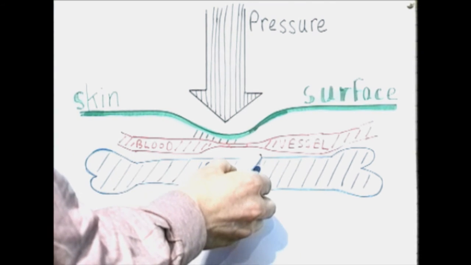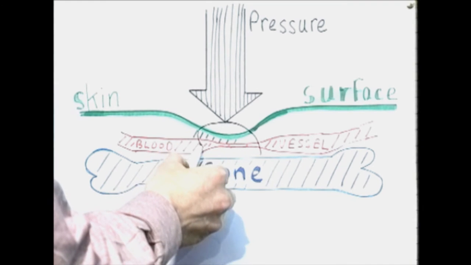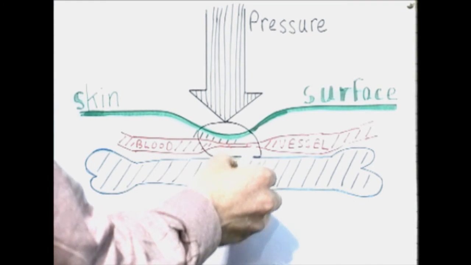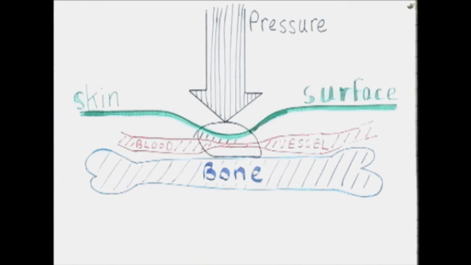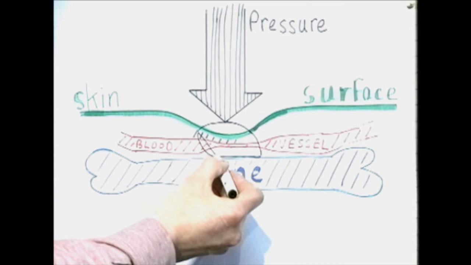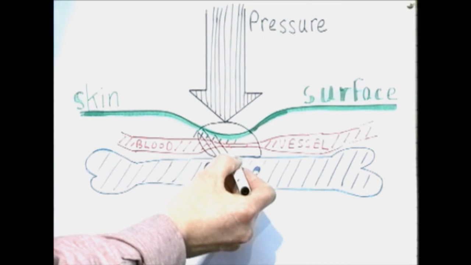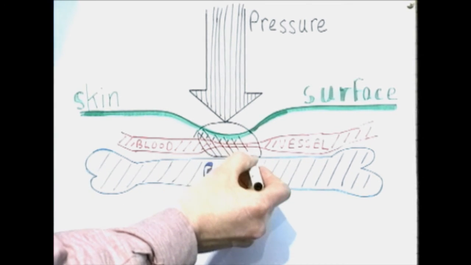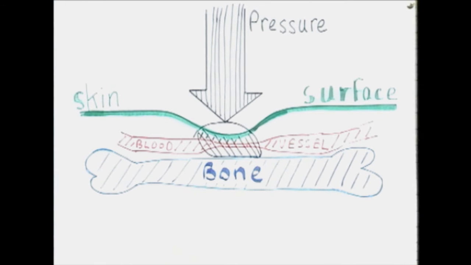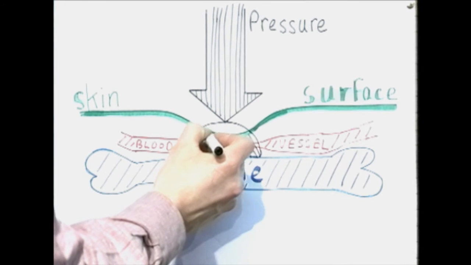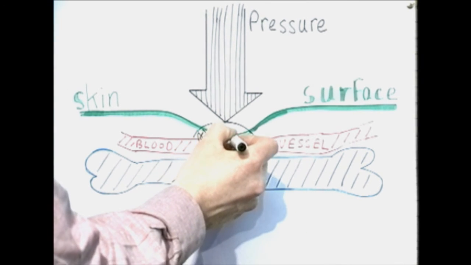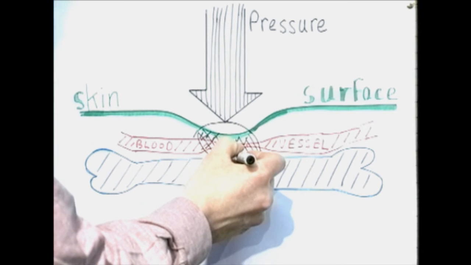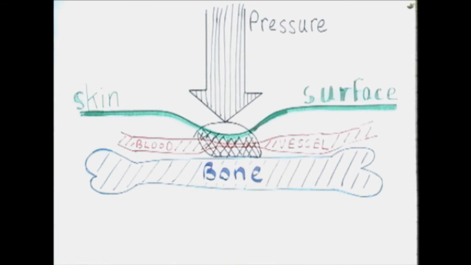So the blood supply to this area will be reduced, if not cut off altogether, and that will lead to degeneration of this tissue and pressure sore formation, as this tissue starts to die because it's been deprived of its blood supply by being under pressure.